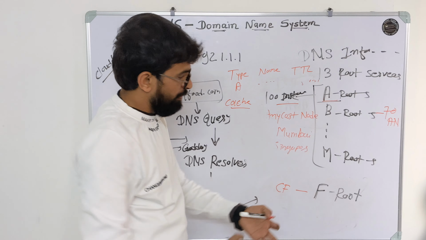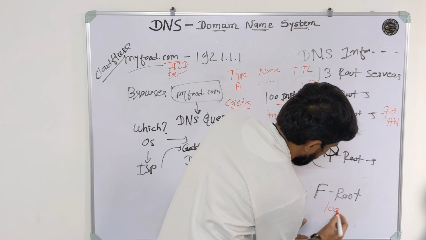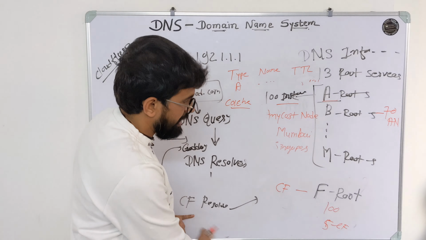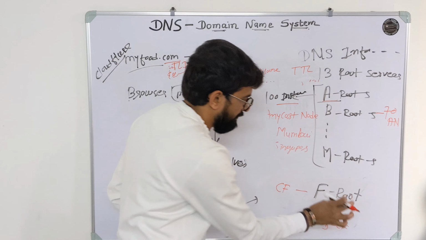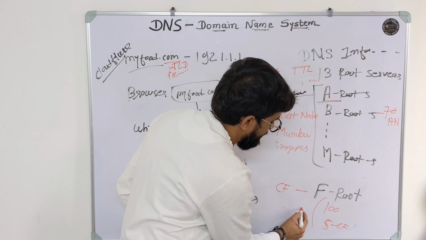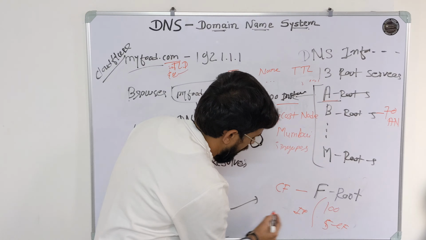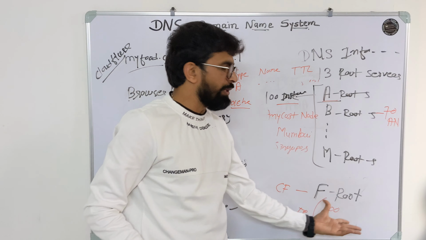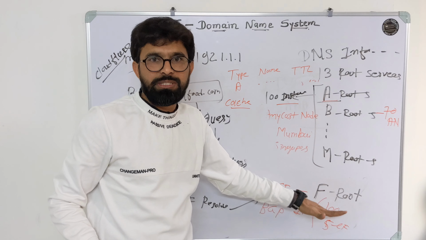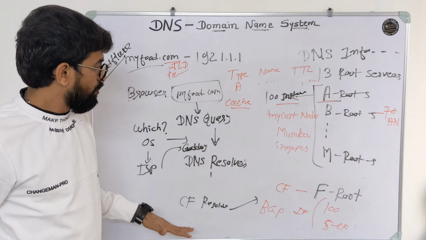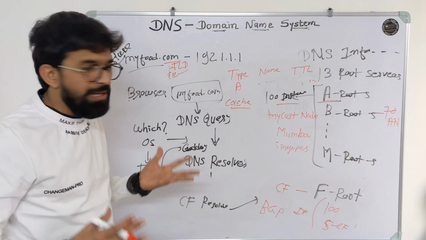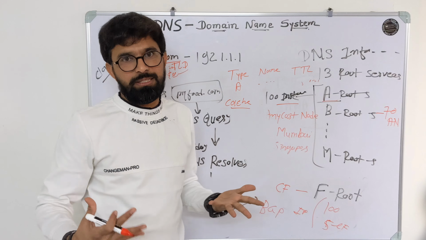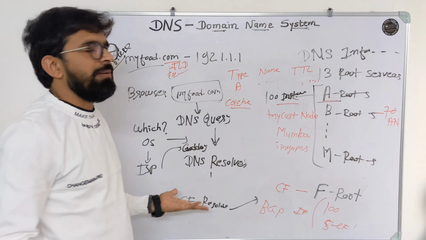Suppose the F root server has 100 Anycast nodes and 5 are from Cloudflare. The Cloudflare resolver doesn't know which 5 they are, and it cannot connect to those 5, because they all share the same IP, and the routing is handled by BGP. So they don't connect directly to that one, but they have put instances in the F root server for trust, because it says they are part of the root servers. So it increases the trust, and maybe there are other reasons too.